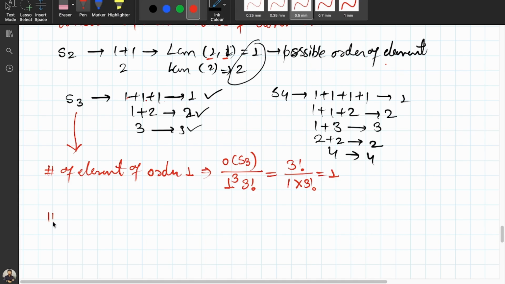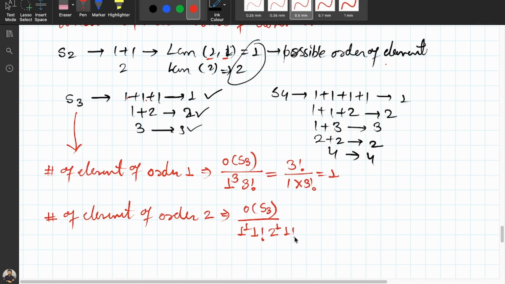Now next, the number of elements of order 2. Order of S3 divided by 1 power 1, whatever the power, write the factorial, and 2 power 1, whatever the power, write the factorial.